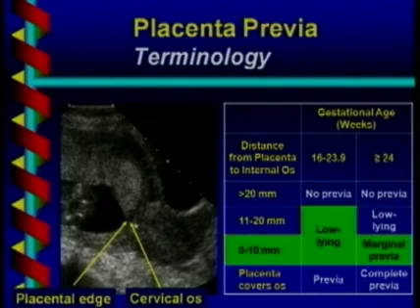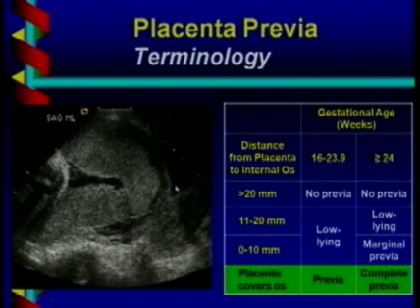Here, there's virtually no distance. It's roughly 0 or 1 millimeter from the placental edge to the cervical os, so that's in the 0 to 10 millimeter range. We would call it low-lying at 16 to 24 weeks, and marginal previa at 24 weeks or beyond. And finally, and this is a transabdominal view, the prior were transvaginal views.